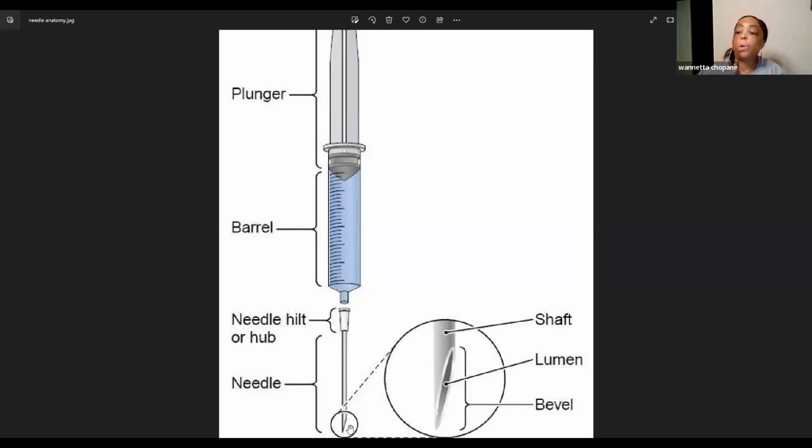Yeah, the whole needle goes into someone's stomach or arm or whatever. But when you're using a needle to draw blood for venipuncture, you're just inserting enough to cover the bevel. So when you insert the bevel into someone's skin, you're inserting it to where you no longer see the bevel anymore because it's in the vein. Then you go back in at least 2 to 3 inches to the shaft. You're not sticking the whole needle into someone's arm, okay?